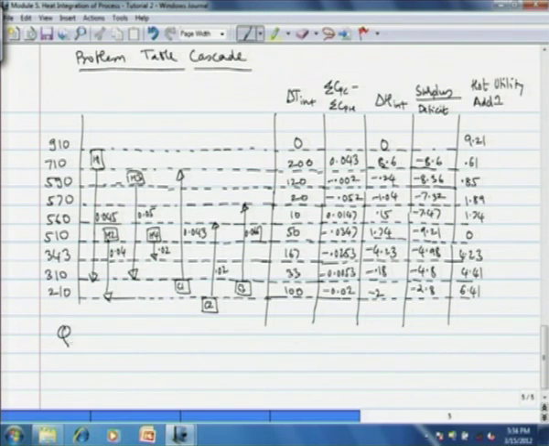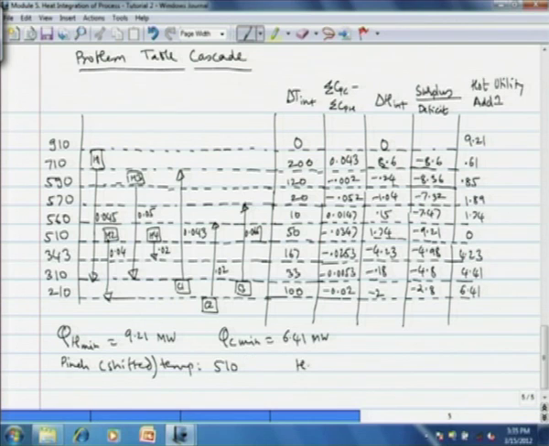So, we have the answers now. QH min is equal to 9.21 megawatt and QC min is 6.41 megawatt. The pinch temperature, shifted temperature, is 510.